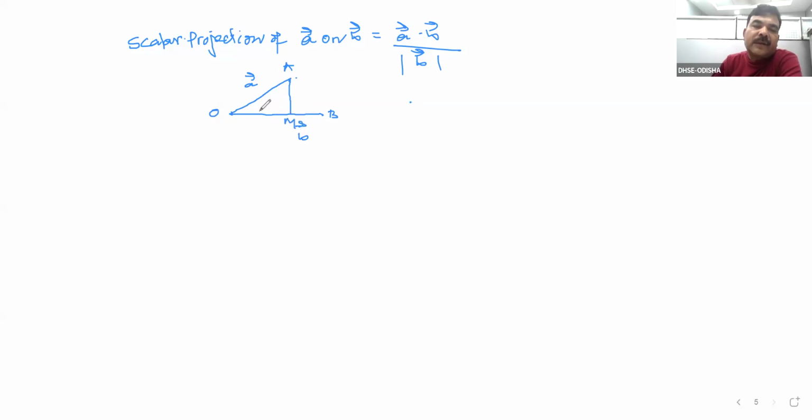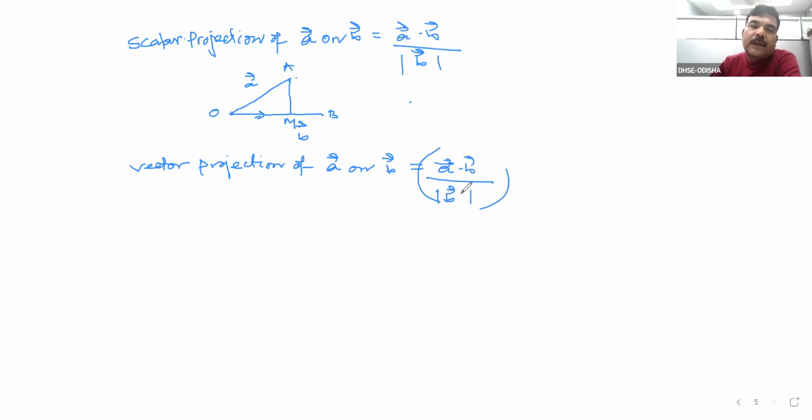If the question is to find the vector projection of A on B, we have to multiply the scalar projection by the unit vector in its direction. So vector projection of A on B equals A dot B upon B mod into the unit vector in the direction of OM, that is B cap.